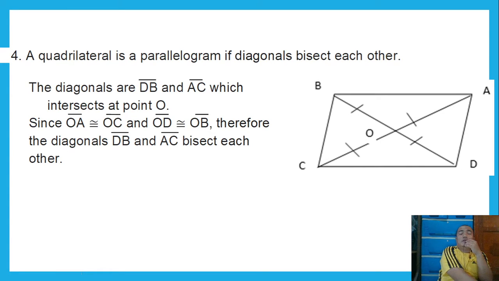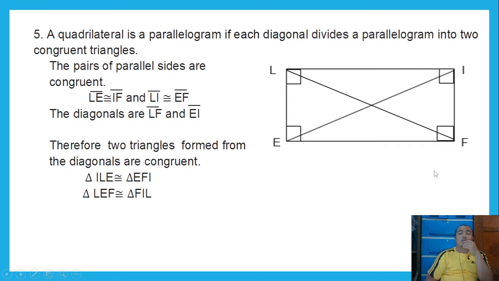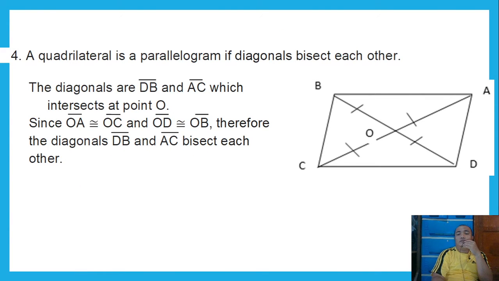So that's what we mean by the phrase diagonals bisect each other. OC is equal to OA, BO is equal to OD. For example, here, if BO is 10, OD is also 10.